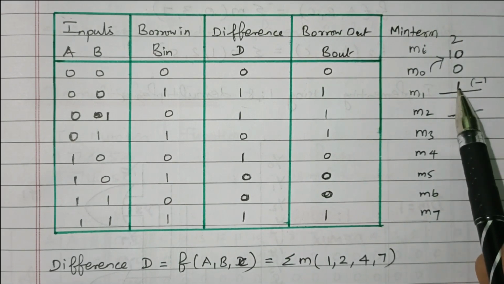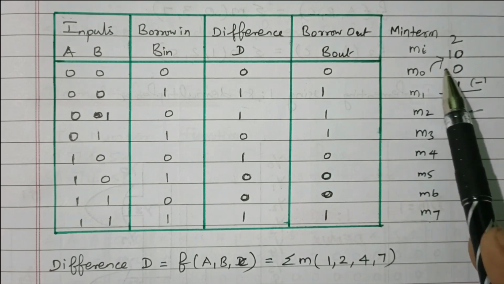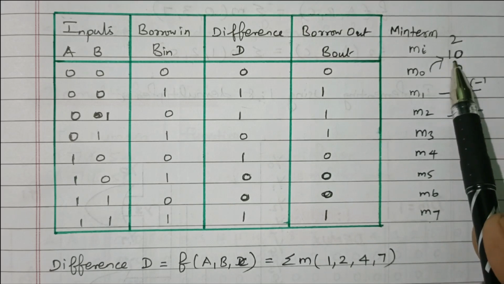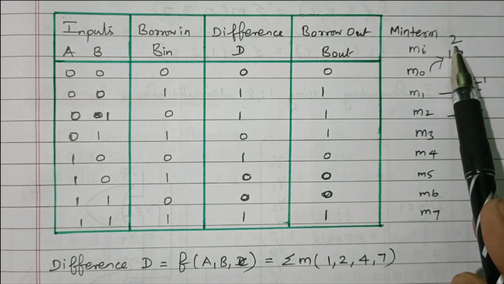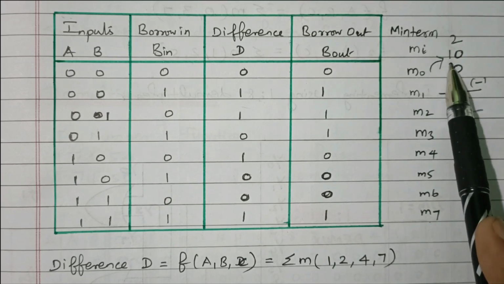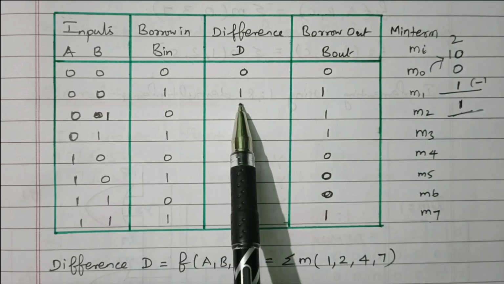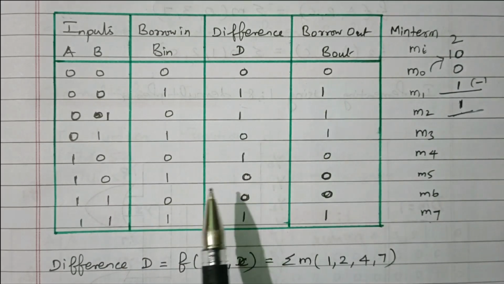So 0 minus 1 means we cannot subtract, so we need to borrow from the previous digit. While borrowing 1 from the previous digit, 0 becomes 10. 10 means 2. 2 minus 1, 1. So the difference is 1 and borrow also 1. Right. So 0 minus 1 means difference is 1 and borrow also 1.